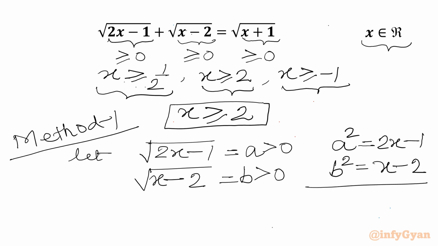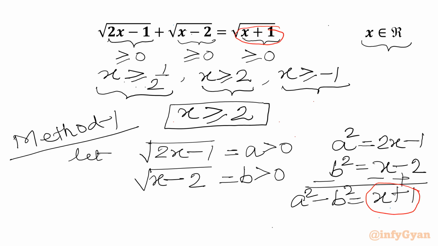Let's subtract the second equation from the first one. We will get a square minus b square equal to x plus 1. And you can see our RHS radicand is x plus 1. So in this place we can write a square minus b square.